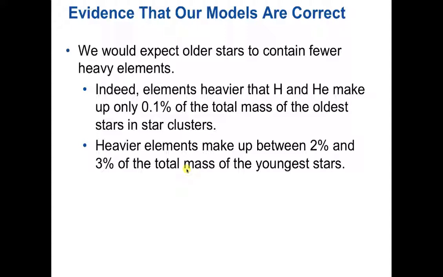And if you find something that's primarily hydrogen and helium and almost nothing else, you know that that's a pretty old object. And if you look at things that are younger, much more recently created, you find that the heavier elements make up a much higher percentage of their mass, between 2 and 3%. And so that's evidence that these heavy elements are created in these stars.